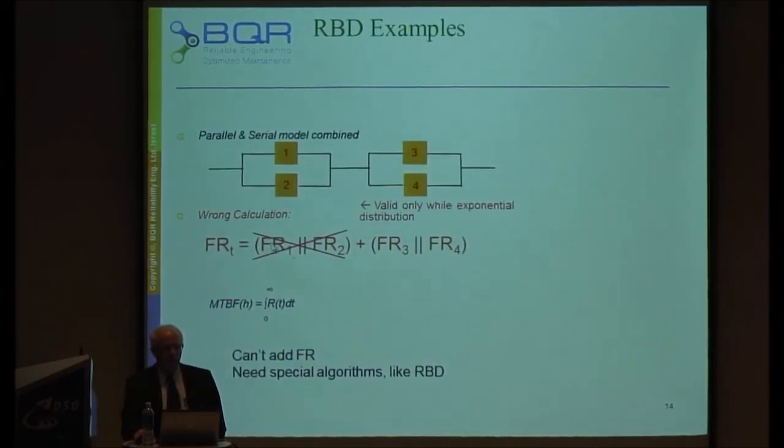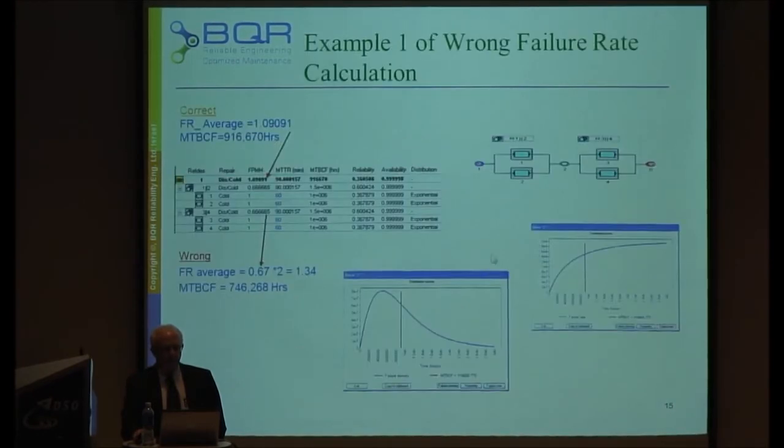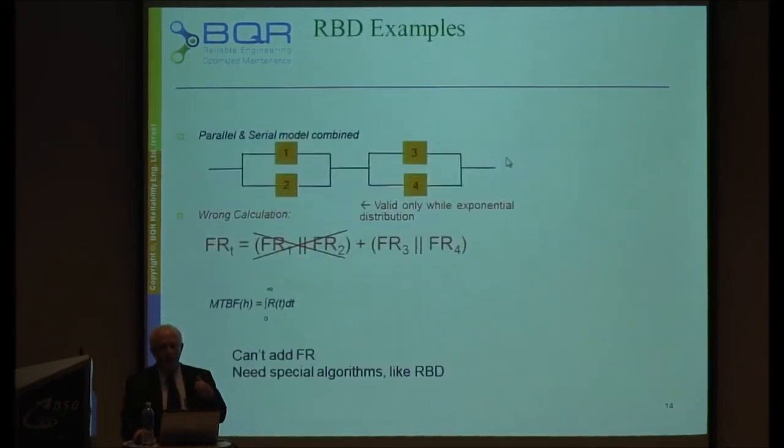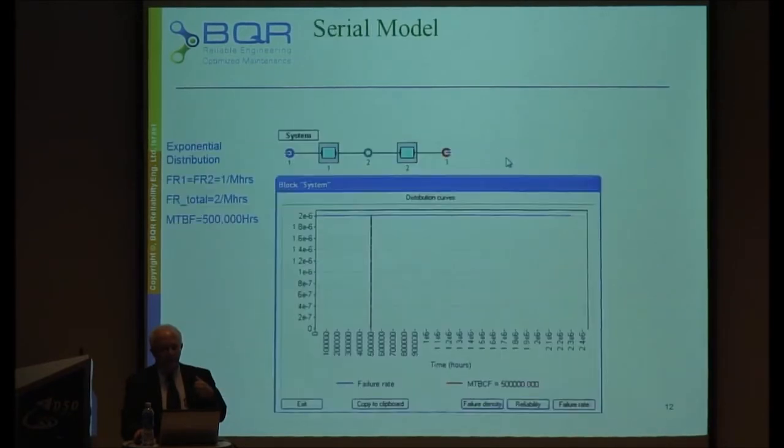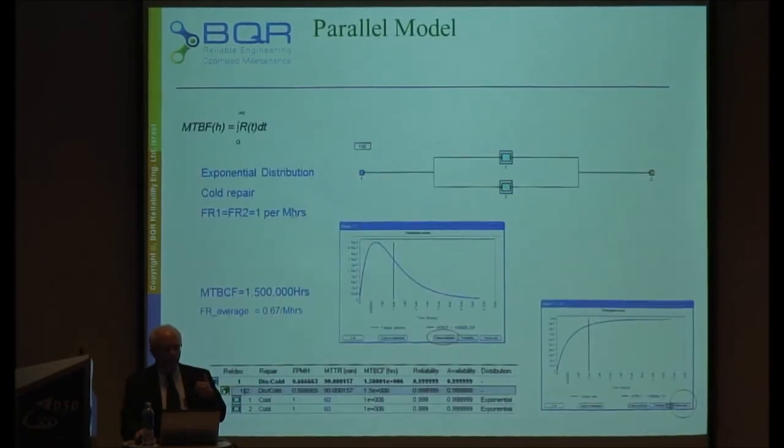So you are not allowed to do this type of calculation. If you remember, in this case it was 1.5 million. So if we have 2 like this, it should be half, 750.